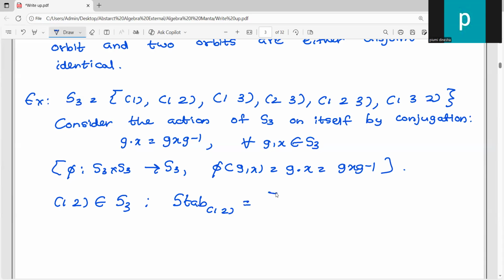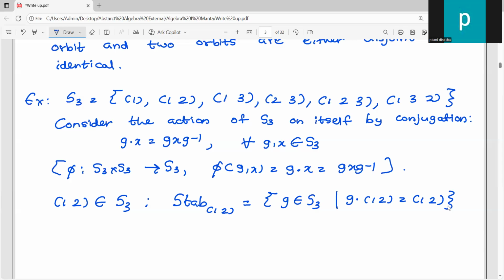By definition, this contains every element in the group where these elements fix the element (1 2) by the group action. So in other words, we must have g · (1 2) equal to (1 2).